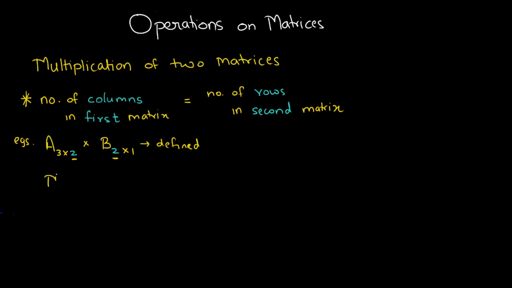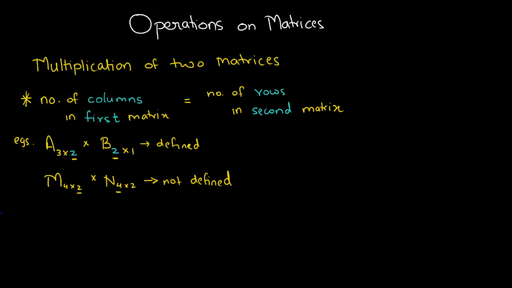Similarly, if I consider a matrix M of the order 4 by 2, which is 4 rows and 2 columns, and another matrix N, which is also of the order 4 by 2, the number of columns in the first matrix is not equal to the number of rows in the second, and so in such a situation, the matrix multiplication is not defined. All right, so this was about when matrix multiplication is defined.